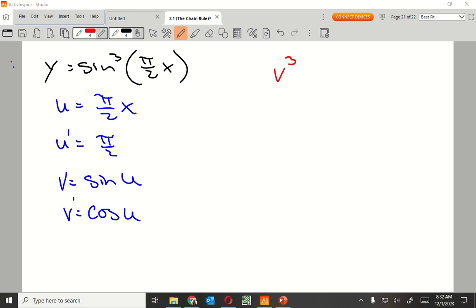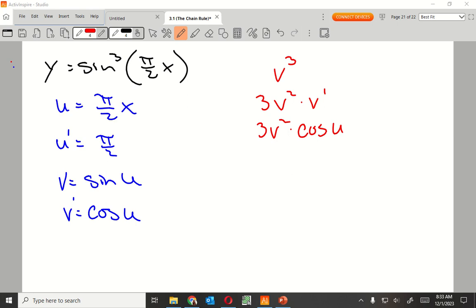Take the derivative of that is going to give me 3V squared times V prime, okay? And so we're going to have V prime. I'll write that there, so then we could rewrite it in a second. And then that's going to give me 3V squared times my V prime, which was cosine of U, okay?